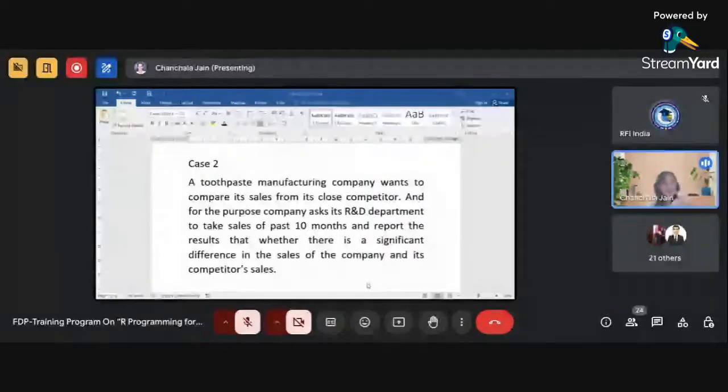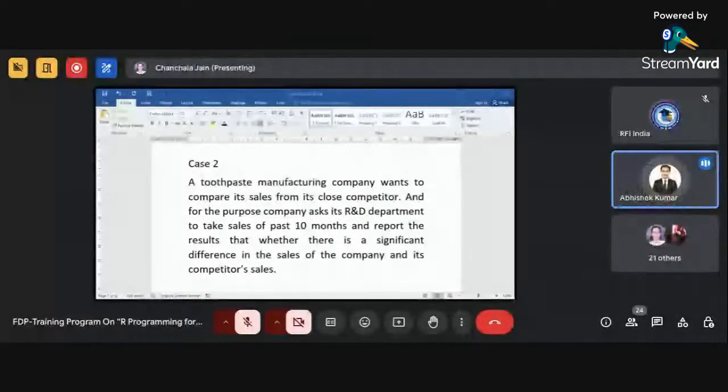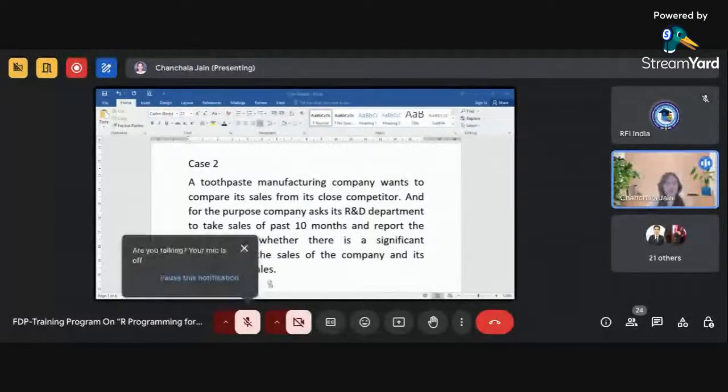Any other opinion? All are agreeing with Shreya ma'am? Yes, ma'am, because I think it's two points in time, 10 months before and 10 months after performance. Okay. Fine. Abhishek sir is also saying the same thing.